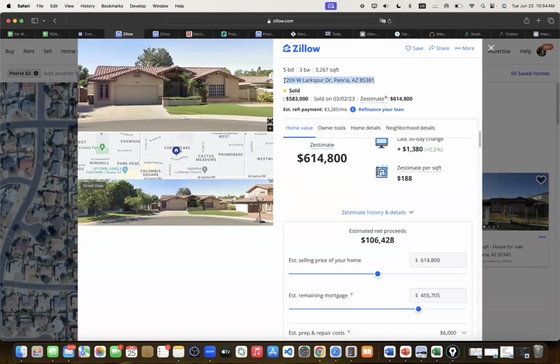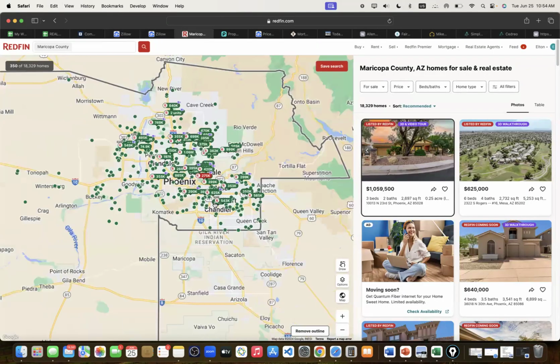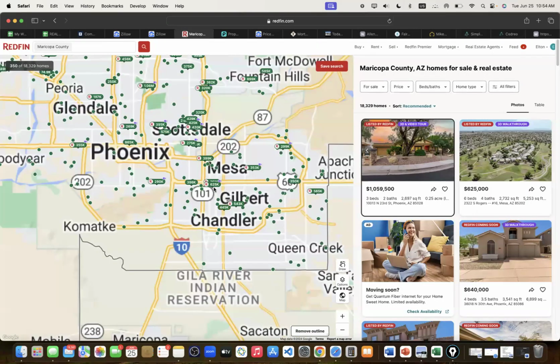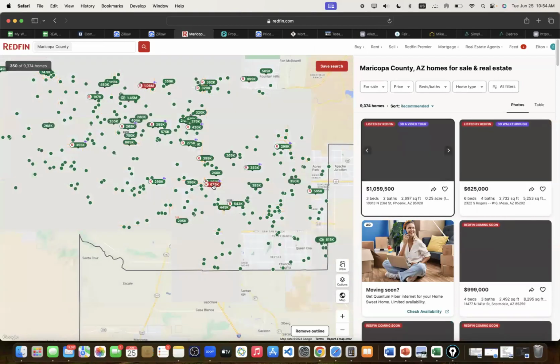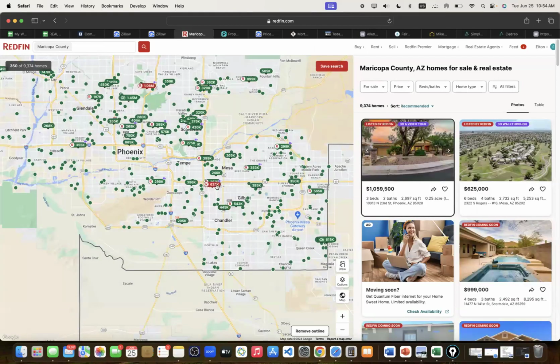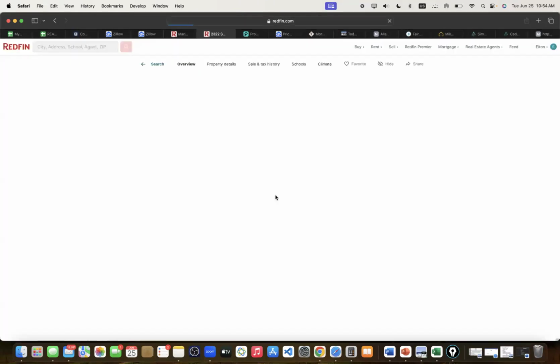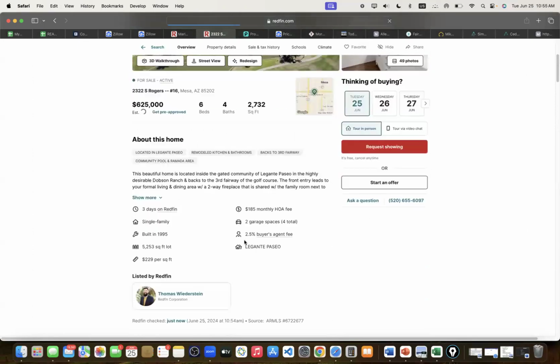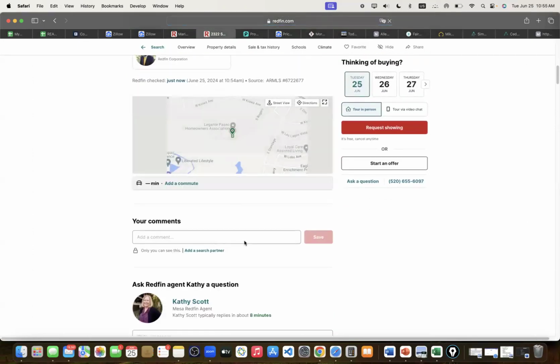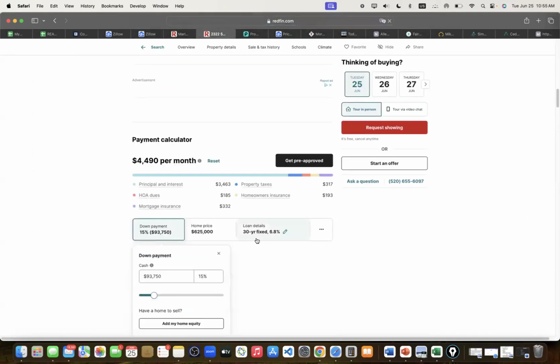Oh, let me put this into the calculator. Or let me look for a property worth $625,000. I need to look at the numbers really quick for this so I can know my appropriate tax percentages and all these numbers per month.